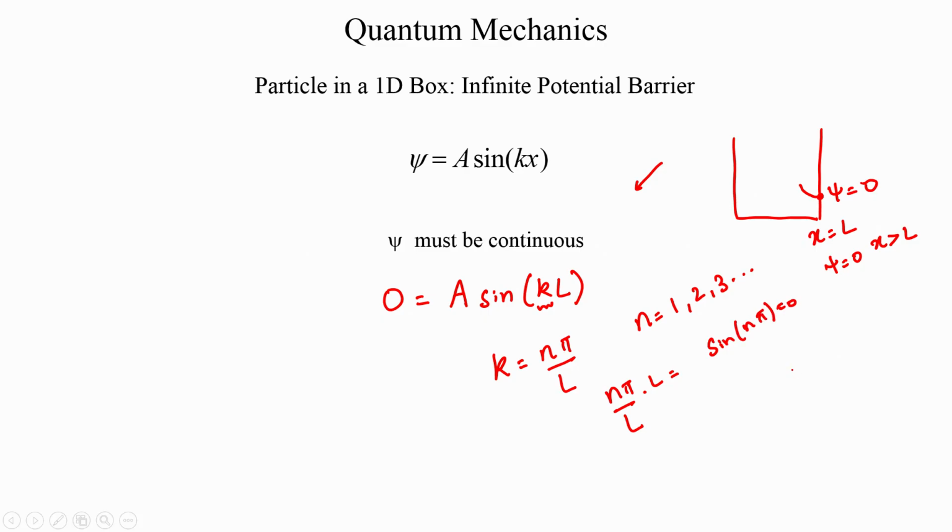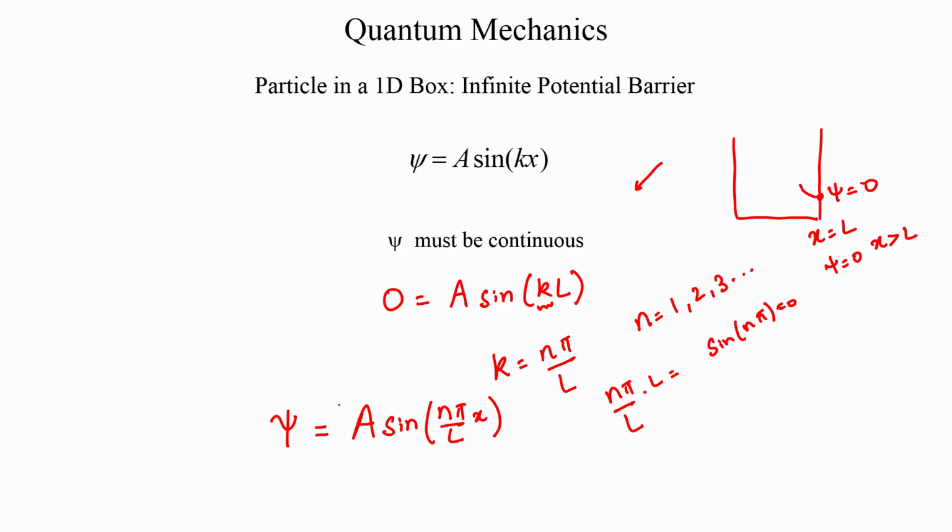Therefore this wave function has now become more specific. We can define it more clearly by applying the boundary condition at x equal to L: the wave function is a sine of n pi by L into x.